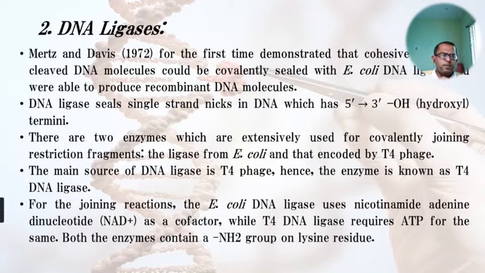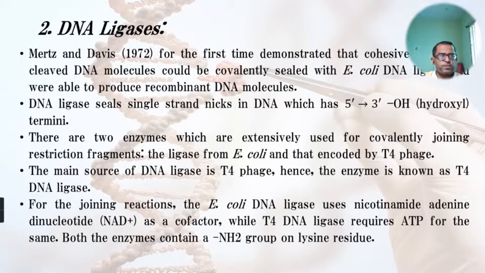Now two different types of ligase enzymes are known, which are involved in joining the DNA fragments generated by the restriction endonuclease enzymes. There are two types of DNA ligase enzymes depending upon the source from where they are isolated: DNA ligase isolated from E. coli, and DNA ligase isolated from T4 phage.